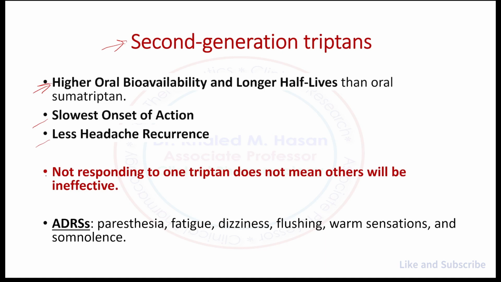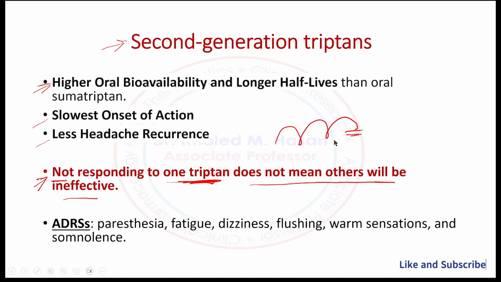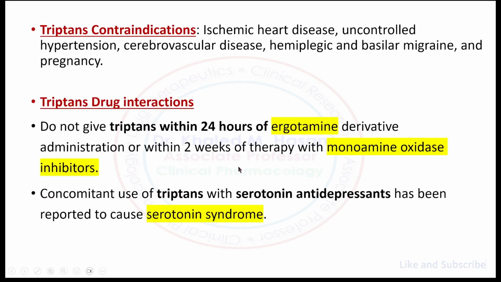When the patient does not respond to one, that does not mean the other medication will be ineffective. So switch the patient from one triptan to another until you achieve effective treatment. Some patients may suffer from flushing, warm sensation, and somnolence.